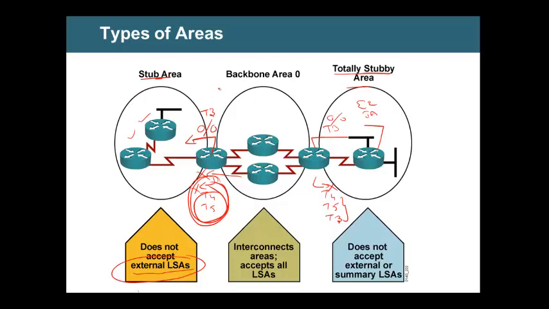Okay, those two routers will get a default route dynamically generated by the ABR and given to these two routers. You need not do any default-information originate command, or write any default route. They are dynamically generated by the ABR and given to every single router in the stub area.